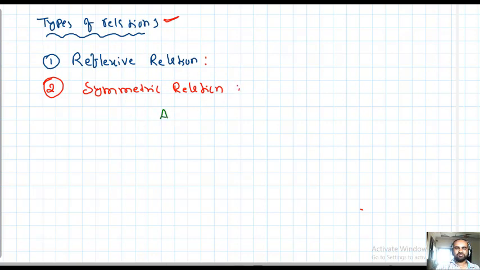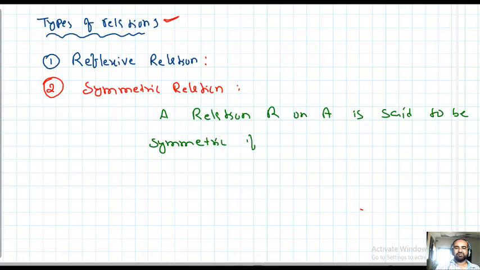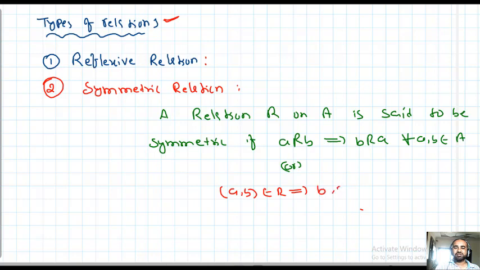A relation R on A is said to be symmetric if, observe, a related to b implies b related to a, for every (a, b) belongs to A. In other words, the ordered pair (a, b) belongs to R implies (b, a) also belongs to R. Any relation that satisfies this condition is called a symmetric relation.